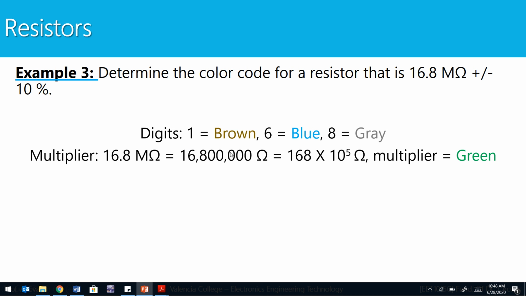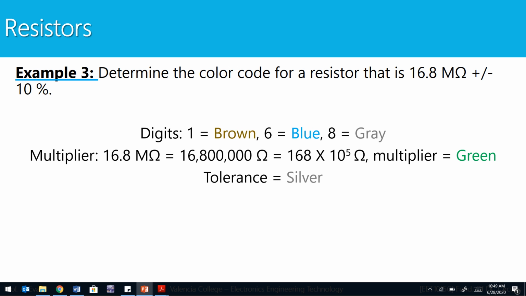So we have to ask ourselves, if my digits are 1, 6, 8, what do I have to multiply 168 by in order to end up with 16.8 million? That multiplier has to be 10 to the 5th. 168 times 10 to the 5th gives me 16.8 million. So that means my multiplier has to be 10 to the 5th. And if you go back to your chart, that gives you a color of green.